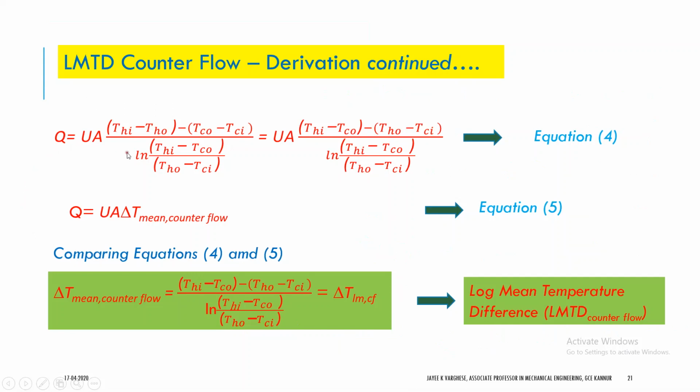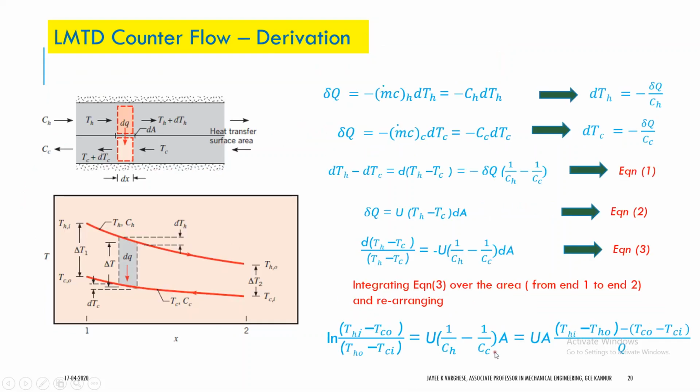Q is taken to the left side. Q is equal to UA into this term divided by the log term here. Only Q is retained on the left side of the equal sign, so UA, the numerator, divided by this log will be taken to the right side.